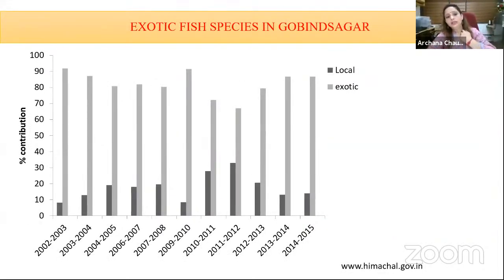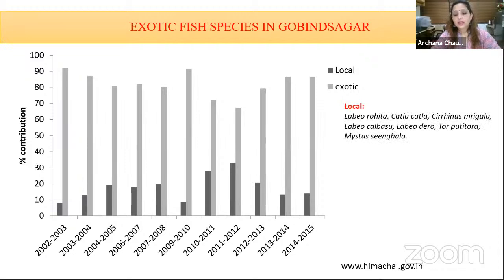The government of India and the government of Himachal Pradesh carry out routine analysis of the exotic fish species and the local fish species using conventional approaches. This graph gives you an overview of how, over the years till 2015, there has been an increase in the landing of exotic fishes in comparison to that of the local fishes.